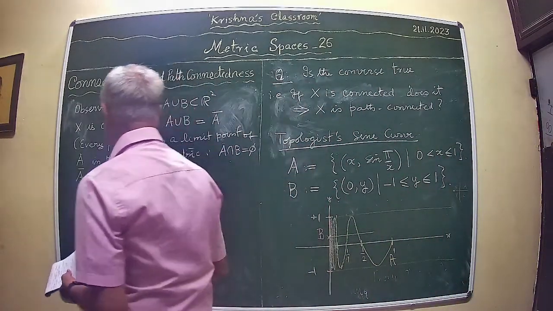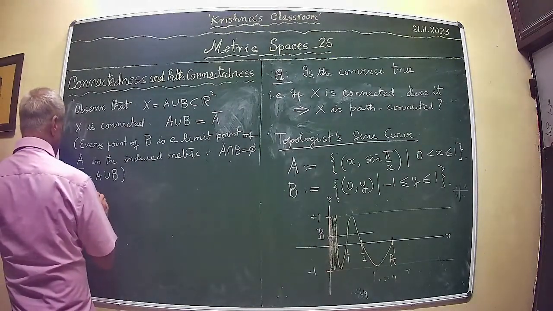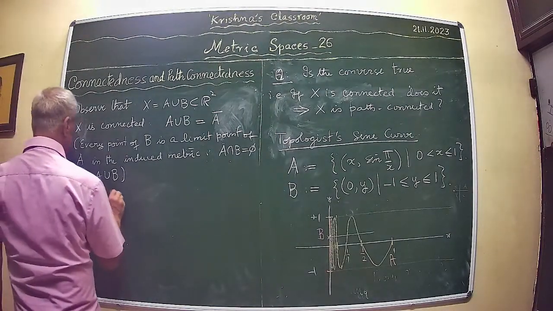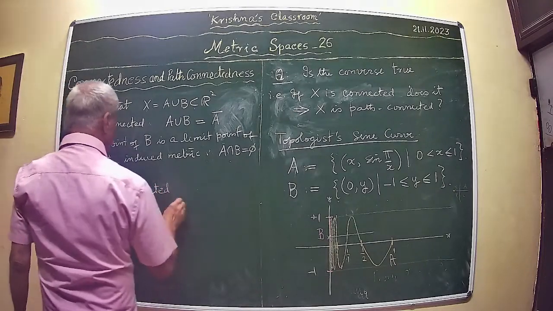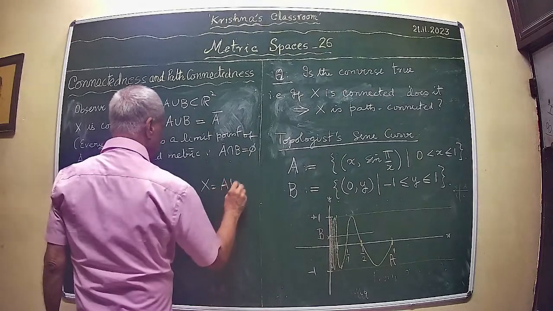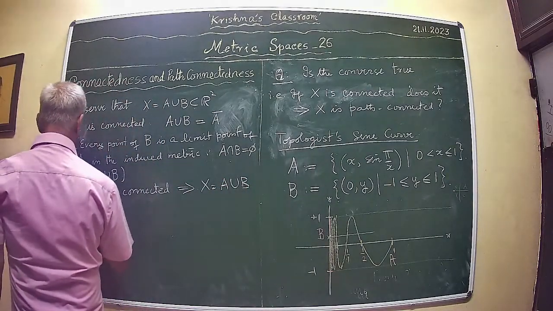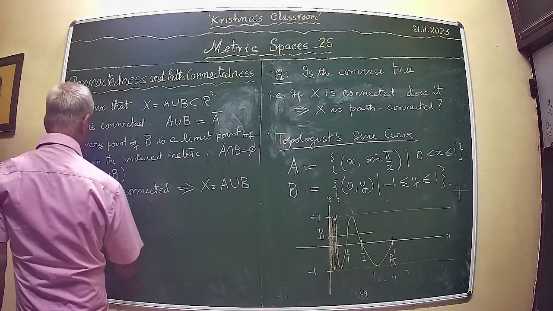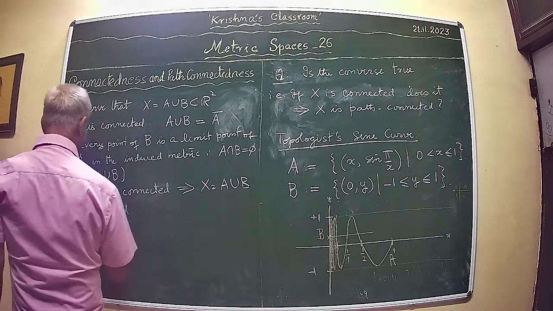Therefore A closure is connected, which implies X is connected. Is X path connected?